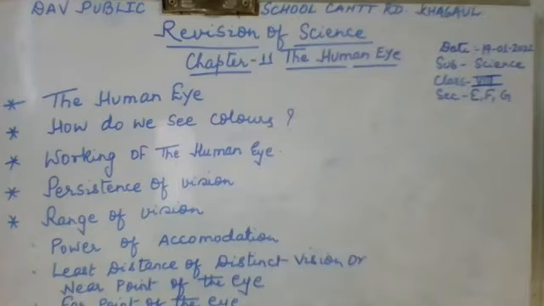The light sensitive cells present in the retina get activated when light falls on them, and they generate electric signals, and they are transferred to the brain by the optic nerves, and the brain interprets these signals in a way that the image is erect and the same size as the object.